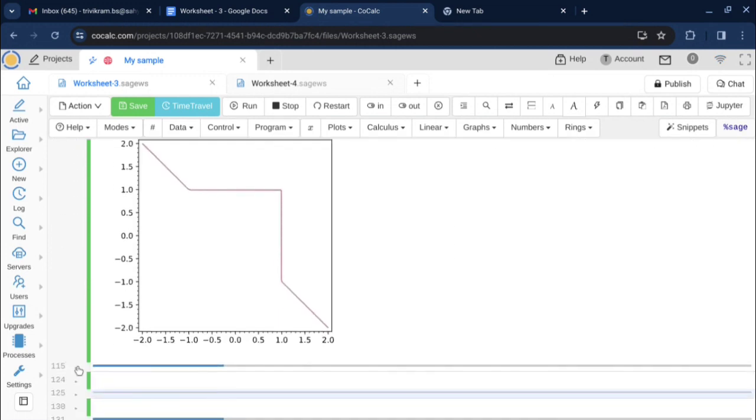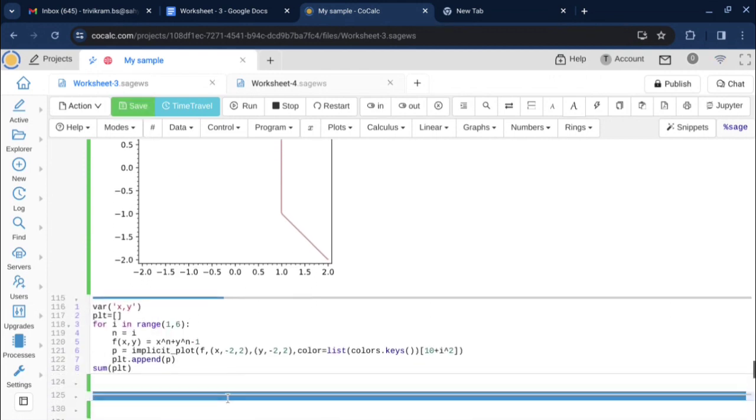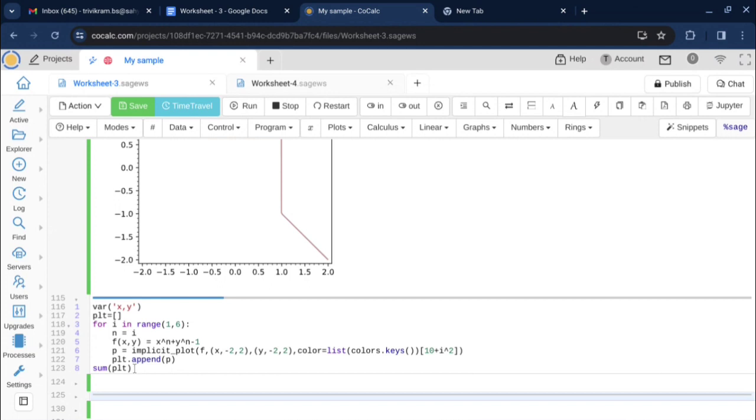So now I am going to merge the plots at different stages. So I have taken range of i from 1 to 6. At each stage of n, what is the graph? Let us combine and see. So for that sake I have used the for loop. When I take n is equal to 1, n equal to 2, n equal to 3, what happens? Let us see.